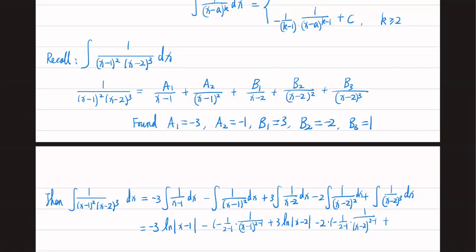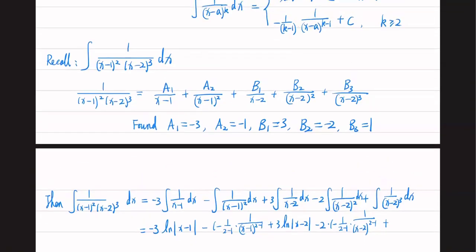And the last one. Negative 1 over 3 minus 1 times 1 over x minus 2 to the second power. Yes.